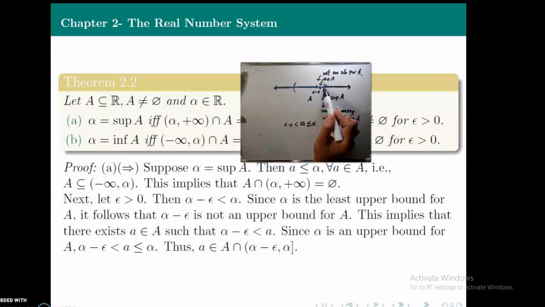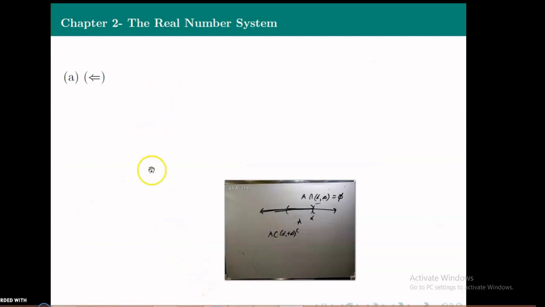So if we get the intersection of this bigger set and the smaller set where a is here, the intersection is not empty, wherein there is an element a. So we're done proving the necessary. Okay, for the continuation of the proof, please watch the next video.